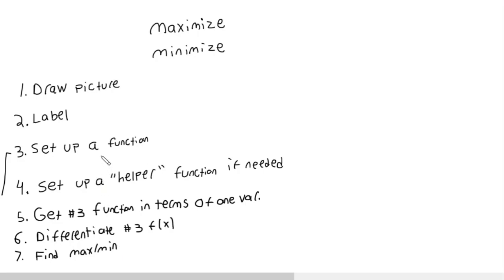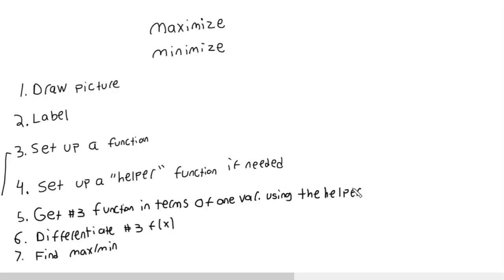Obviously it depends on the problem, but this is really just a generic template. Draw the picture, label it, set up a function based off that picture, set up a helper function. And then number 5, get this function in terms of one variable using the helper. Then we differentiate the function and find the max or min.